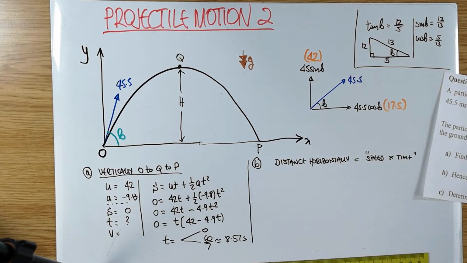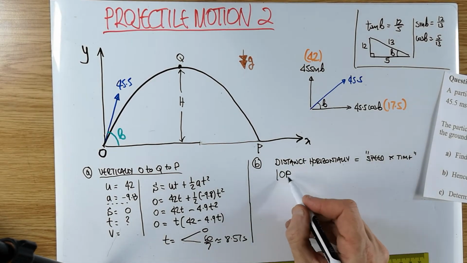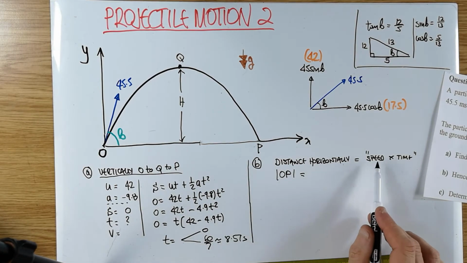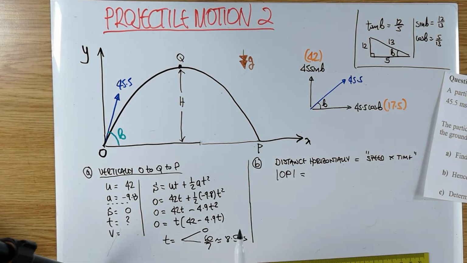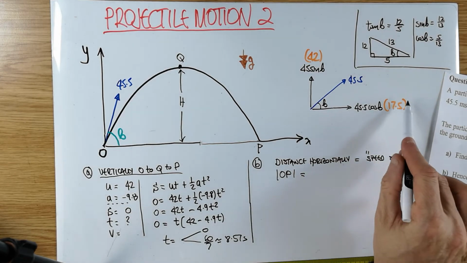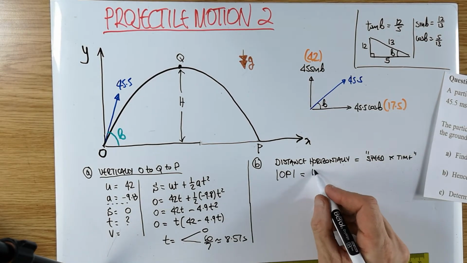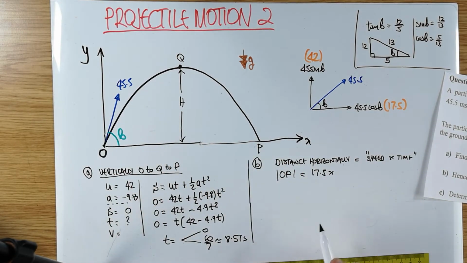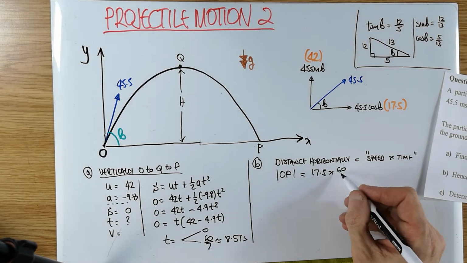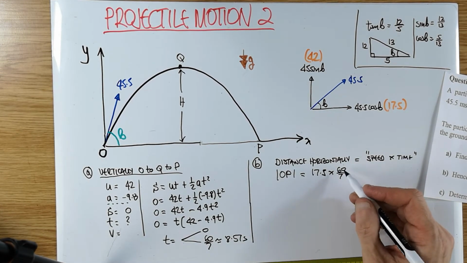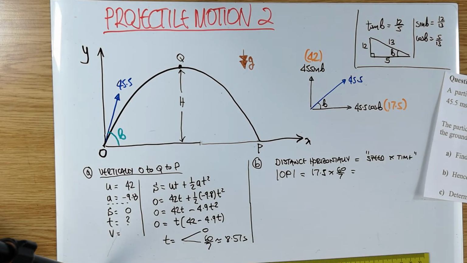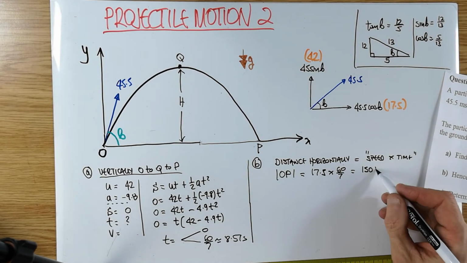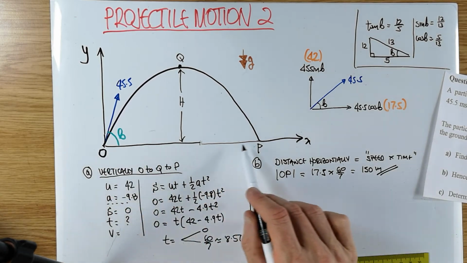The distance OP, which is the horizontal distance, can be found by multiplying the horizontal component of the speed, which never changes, is constant, 17.5, we wrote it there in the beginning, times how long it will take to get there. Well, the ball will be moving for 60/7 of a second. So we're going to put into a calculator 17.5 times 60/7, and it will give us 150 meters. So that's this distance here.